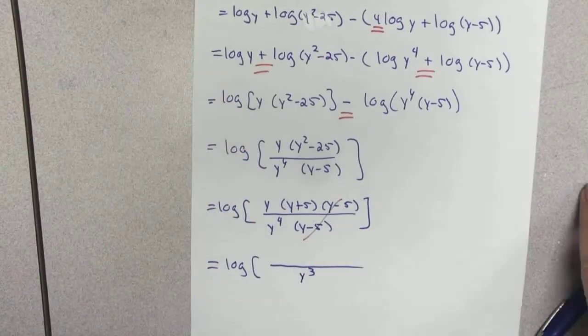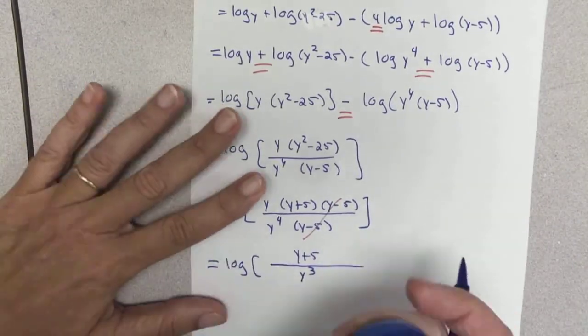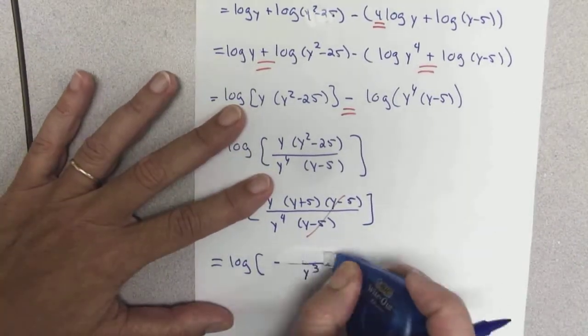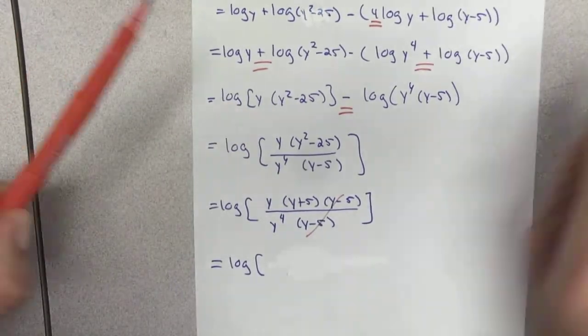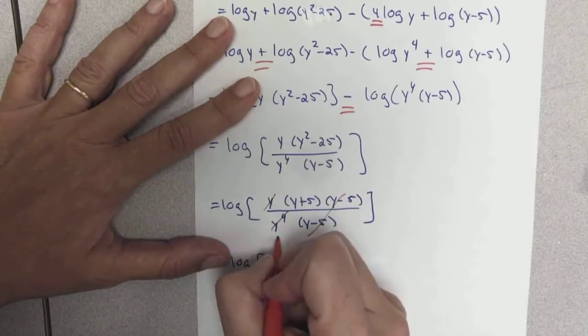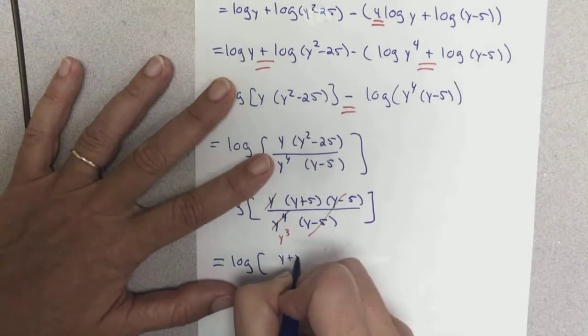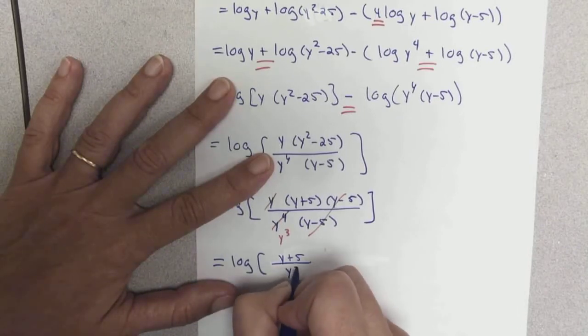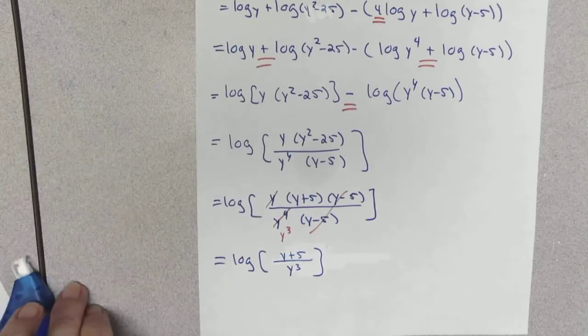And then the y minus 5s cancel. The y and the y to the 4th cancel, leaving y cubed. And so my final answer, y plus 5 over y cubed. And there would be the absolute perfect answer.